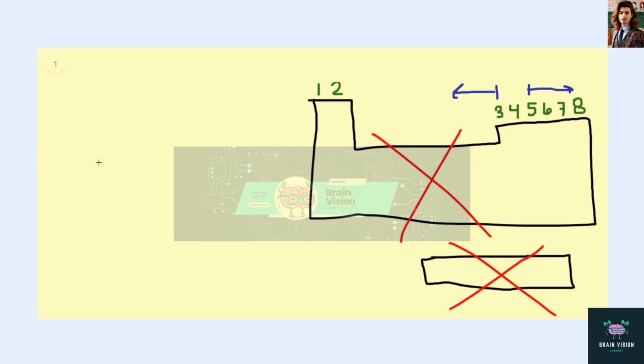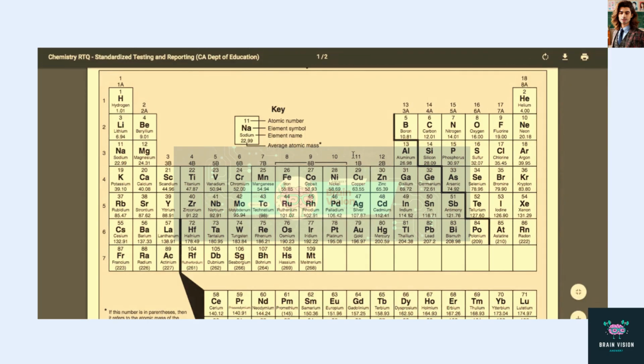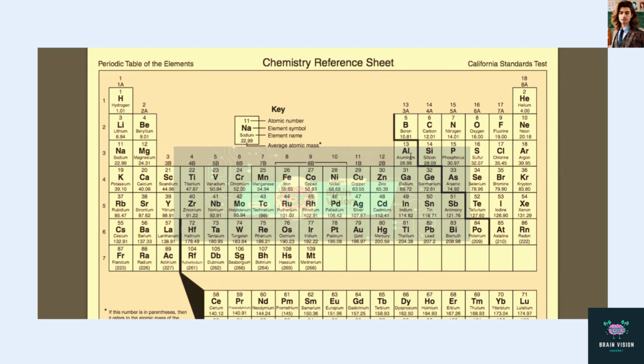The first one given to us is aluminum, Al. If we find aluminum on the periodic table, we notice that it is in group 13, 3A, so it has 3 valence electrons. Again, it's going to either have a full energy level with 0 valence electrons in energy level 3 and 8 in energy level 2, or having a total of 8 in energy level 3.